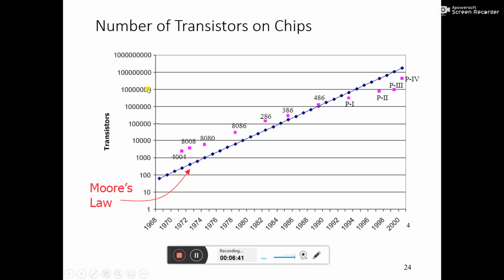As time increases, the number of transistors per chip also increases. These are the microprocessors which we built in our history, and this is the growth of microcontrollers and microprocessors. Till 2000 we have the P4 type of microprocessor, which has millions of gates on a single chip.